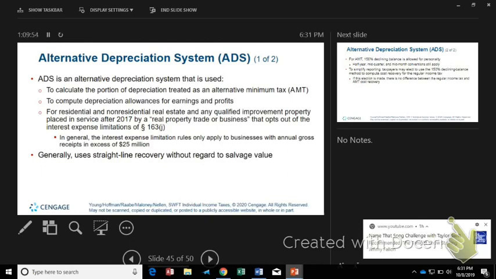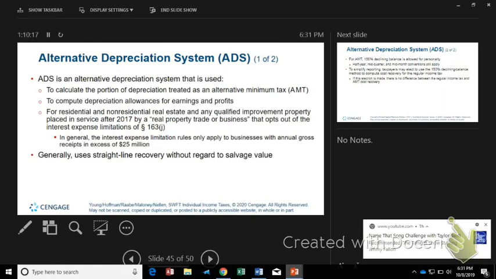All right. And so they opt out of some things for what's called section 163(j), in general the interest expense limitation. It's usually they're going to use what's called straight line without regard to salvage value. I'm not as familiar with that, but there's a chart set up with MACRS for ADS with straight line.